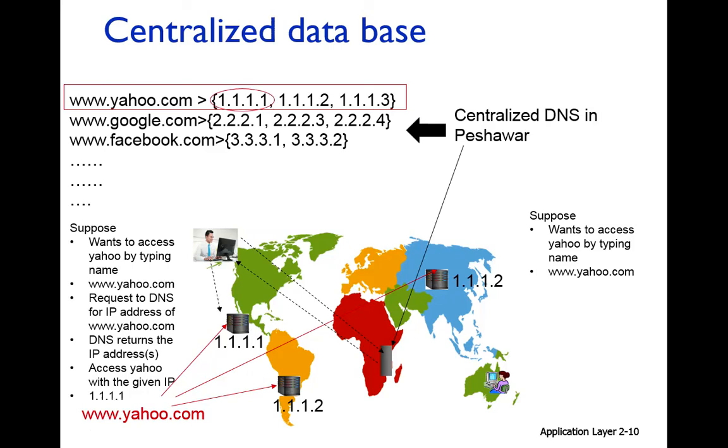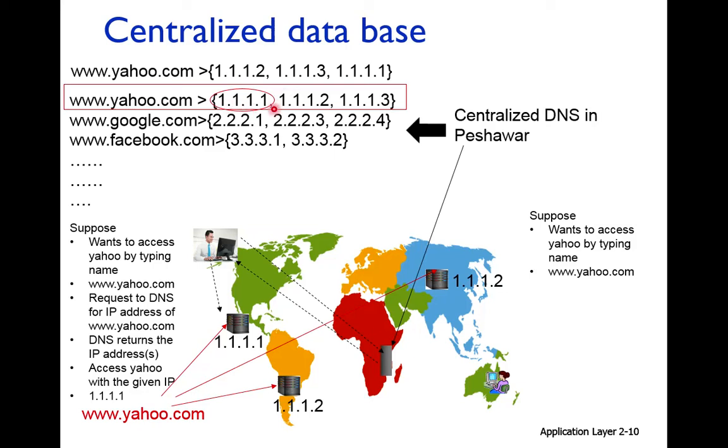Now when it is accessed by one user, for example this user accessed this IP address, then the DNS reshuffles these IP addresses. How? Like this way. This IP address is placed at the end of the list, so 1.1.2 will be the first IP address.